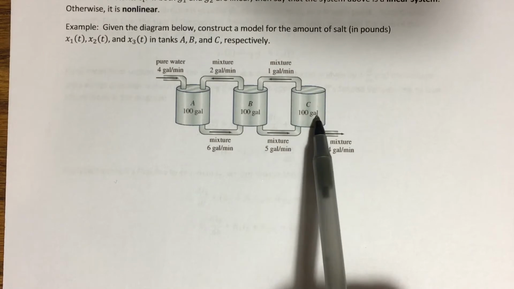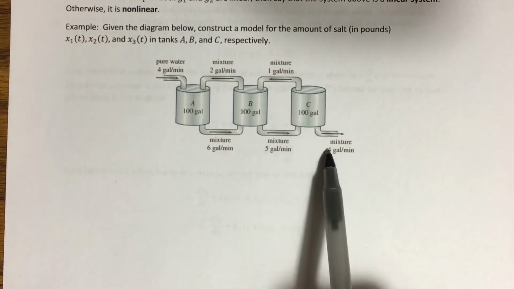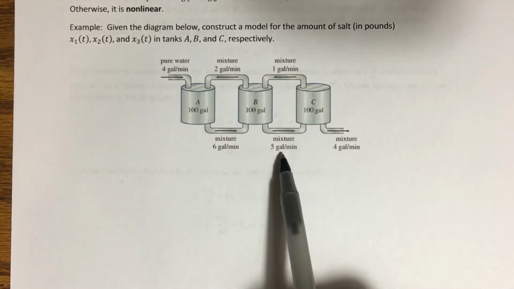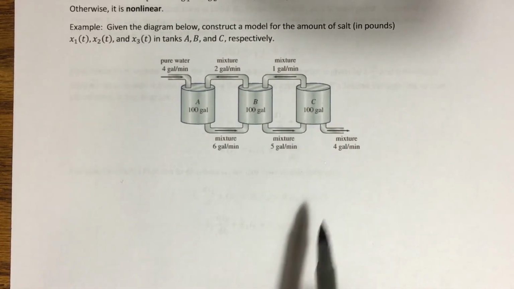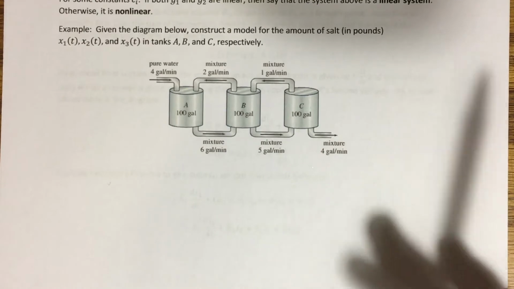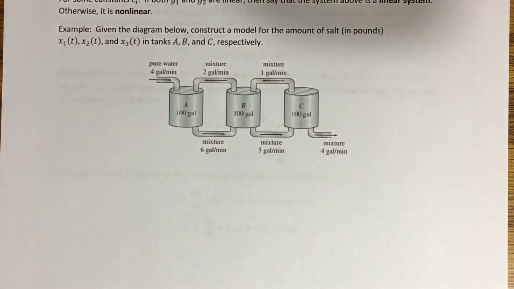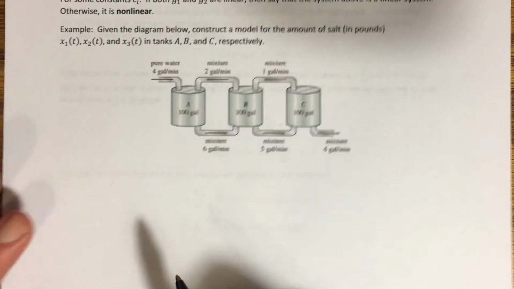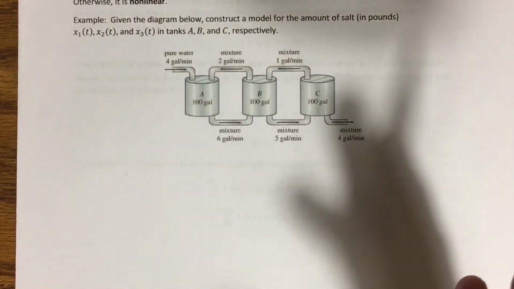And then finally here we have 1 and 4 flowing out, 1 gallon per minute, 4 gallons per minute, for a total of 5. But we also have 5 gallons per minute flowing in. The point of going over all that is because, as we've seen in mixture problems before, if the volume of the solution in your tank is changing as this mixing happens, that kind of complicates our differential equation.